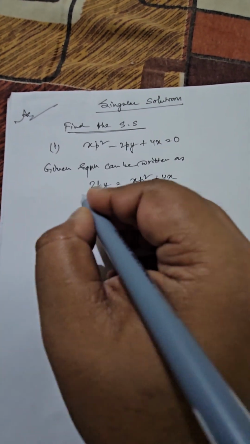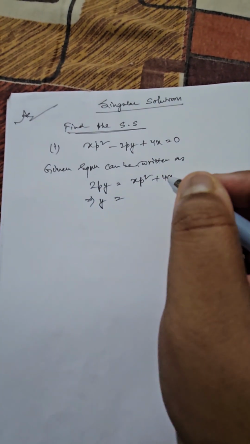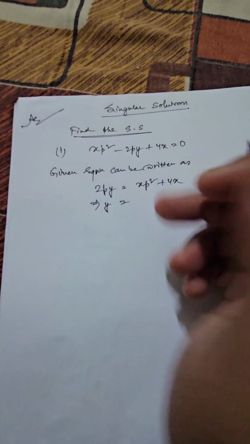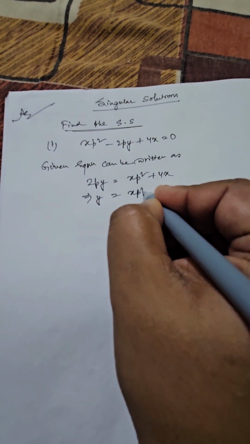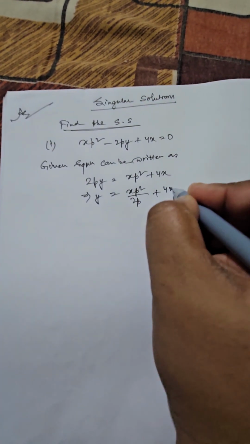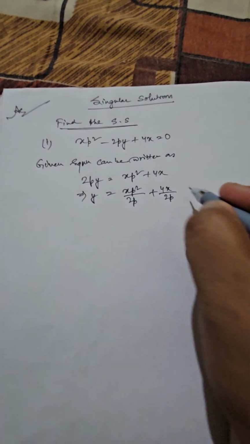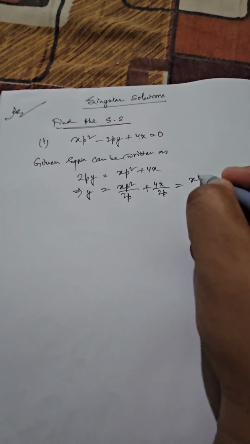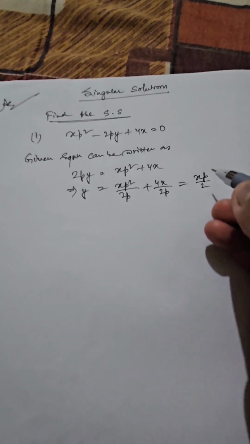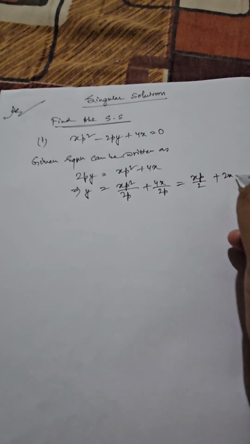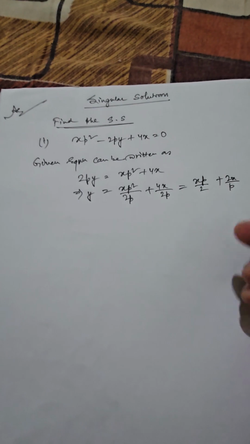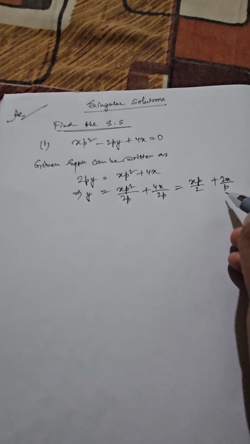Divide the entire expression by 2p, so that you will get xp square by 2p plus 4x by 2p, that is xp by 2 plus 2x by p. So this is the first equation you can consider.